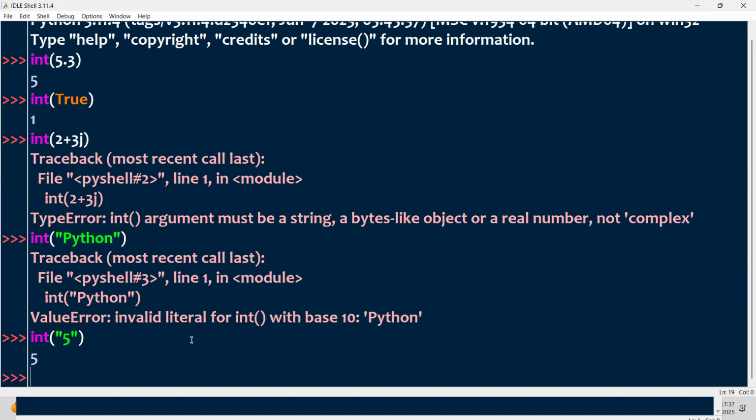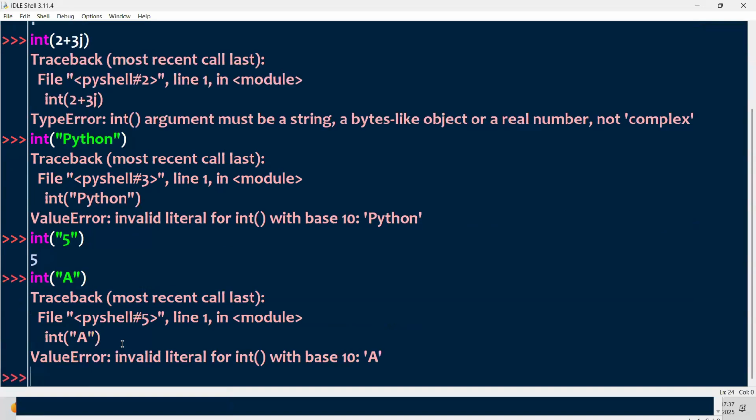But previously I gave some alphabets, and those you cannot convert. Let's try like this, capital A. See, this is not possible. But if you provide a string of an integer, you can convert it into integer.